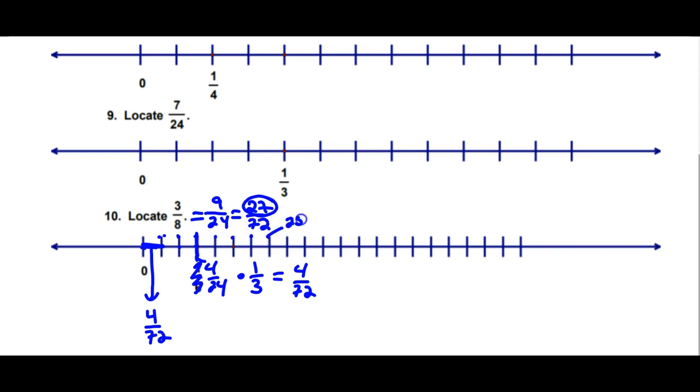So here's where 28 72nds is. Here's where 24 72nds is. So it's going to be somewhere in between where my 27 is, and it's going to be really close to this one. So I'm going to mark it right here like this, and that's where 3/8 is going to be. Okay, where's 27 over 72.